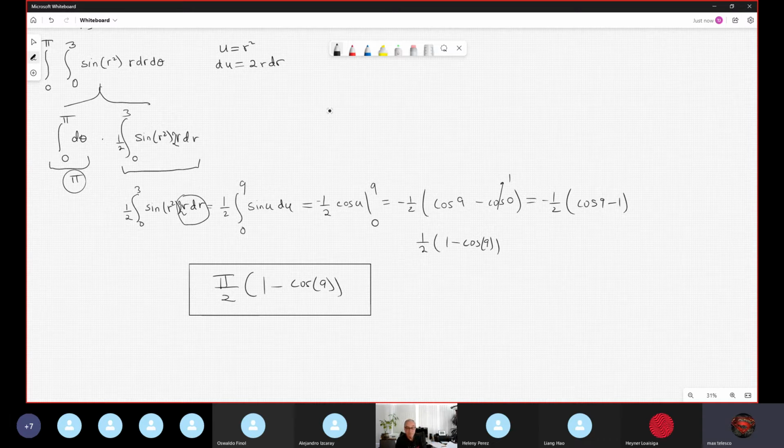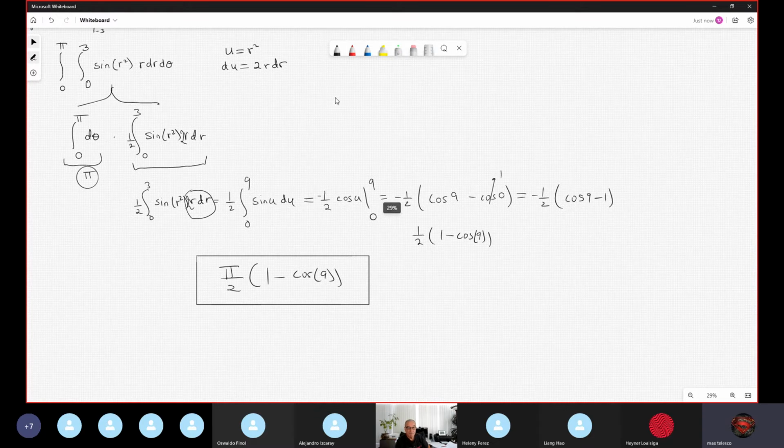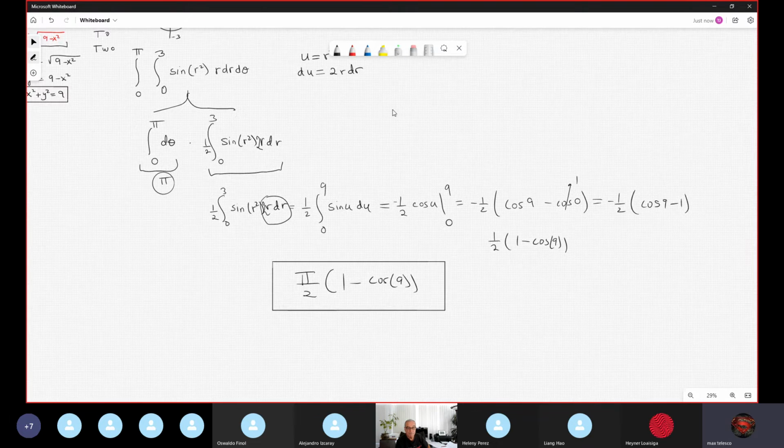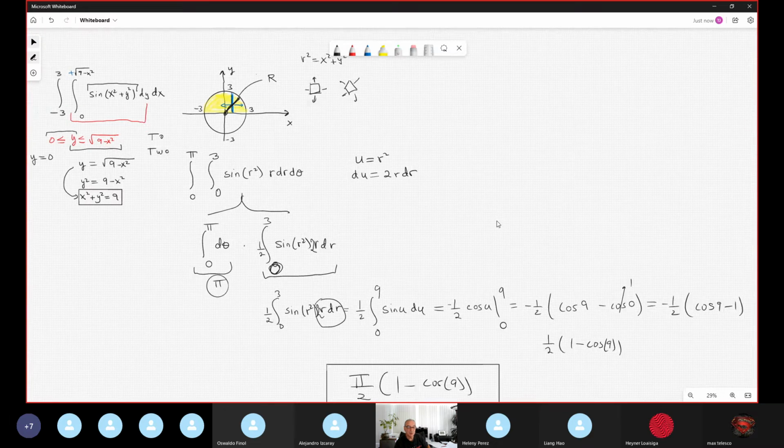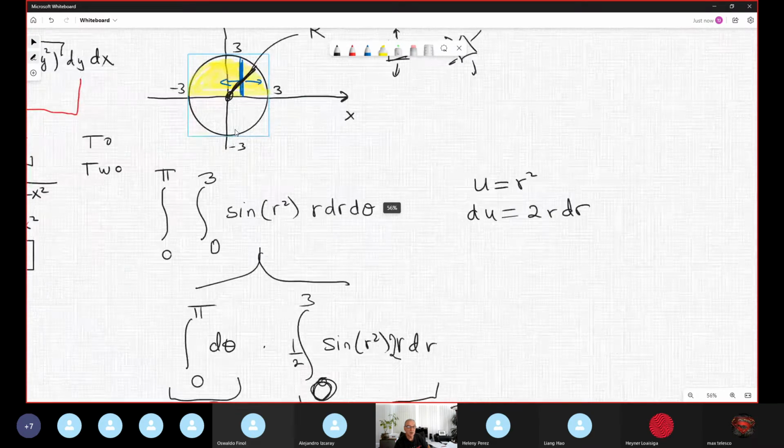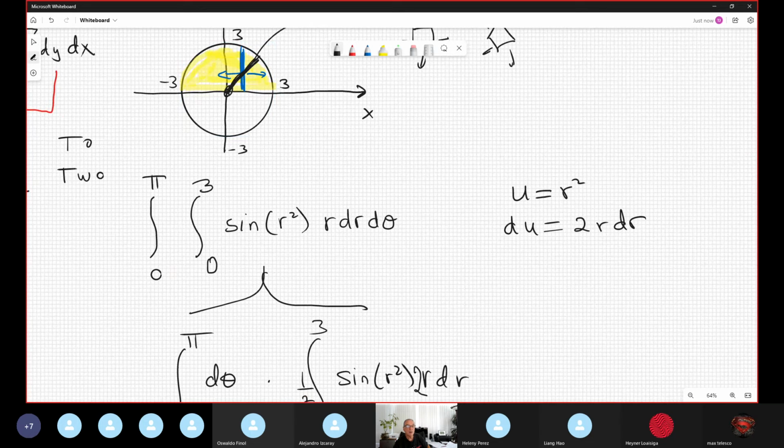Professor, I understand how you got the limits for d theta, but for dr, I understand that the upper limit of integration is going to be 3, but why is the lower limit 0? So the thing you don't understand is why it is 0 here? Yeah. Because in the world of polar, the radius goes from r equals 0, which is the origin, to r equals 3.